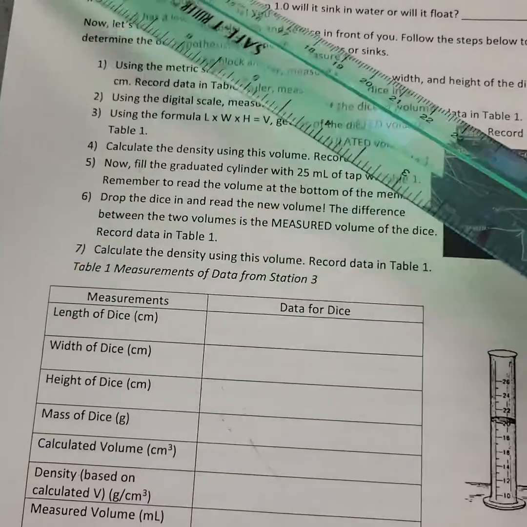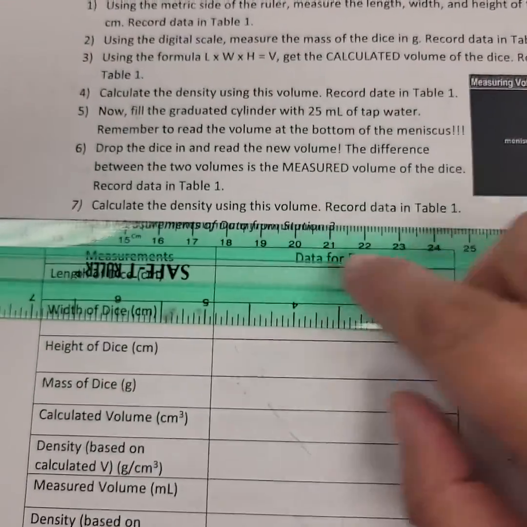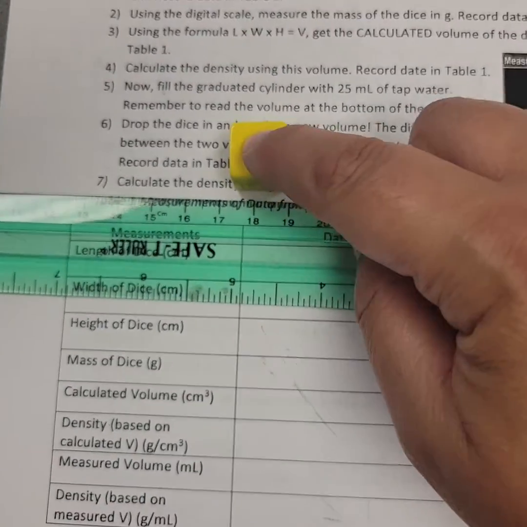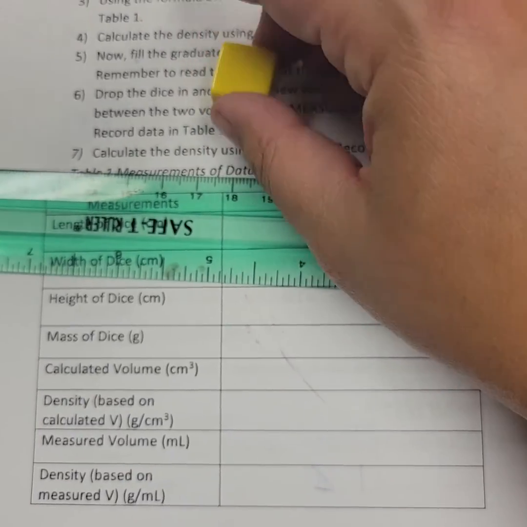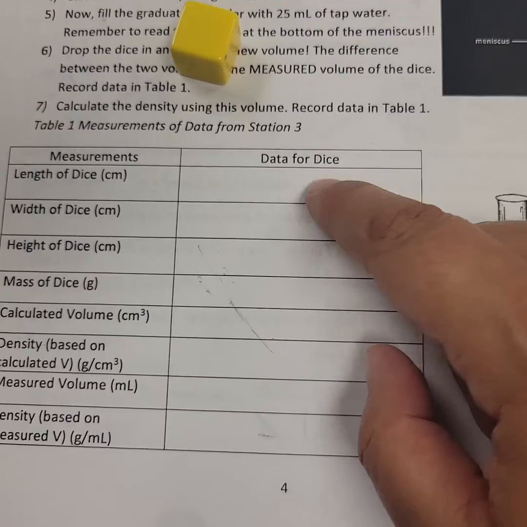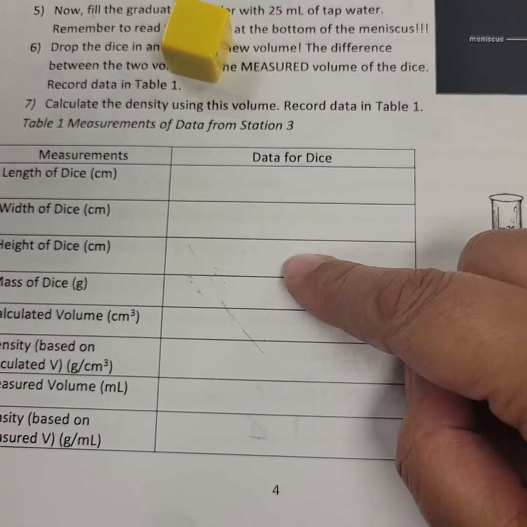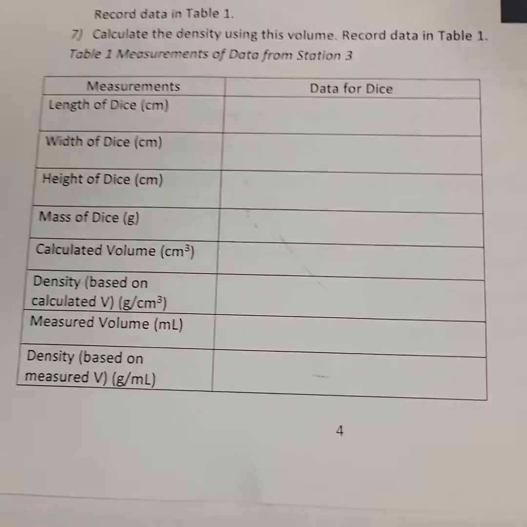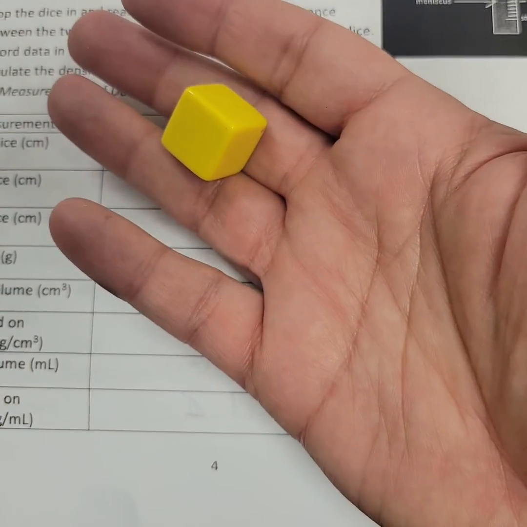I'm going to use a metric ruler in centimeters, the top ones, to measure the length, the width, the height of this cube. You're going to write them down right here in this table. Then, using that digital scale, you're going to get the mass of this cube.